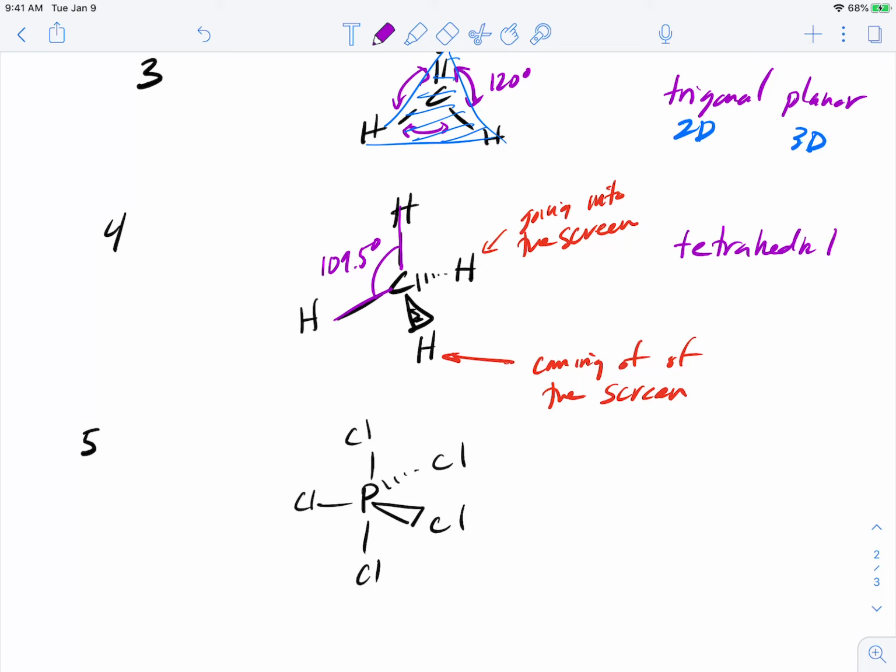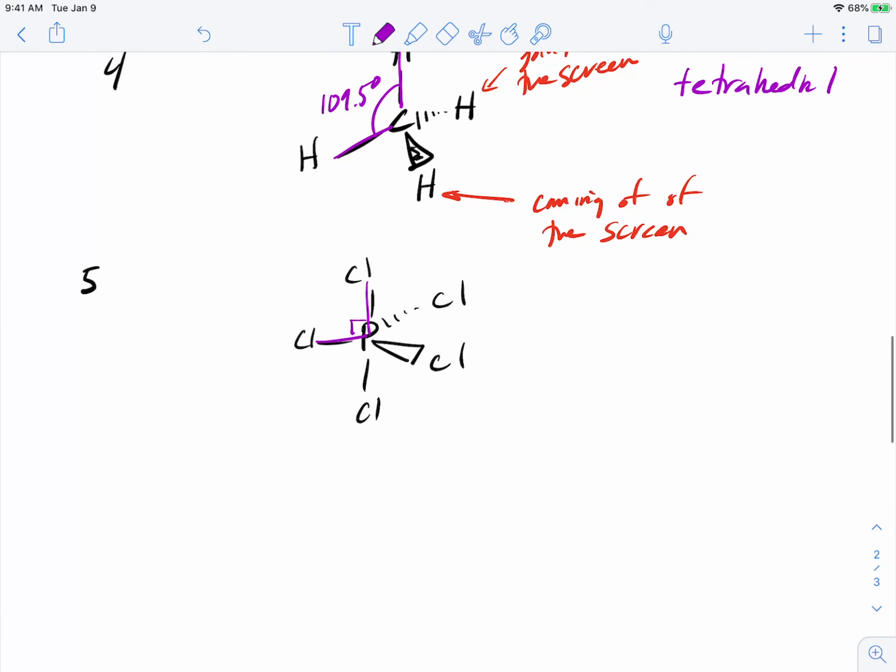Here, we actually have 2 different sets of angles. We have the angles between the chlorine that's on top, axial, and then the chlorine that's on the side, or equatorial. And then we also have, if we rotate this whole structure just forward toward you, 1 chlorine coming out, 1 chlorine going away.